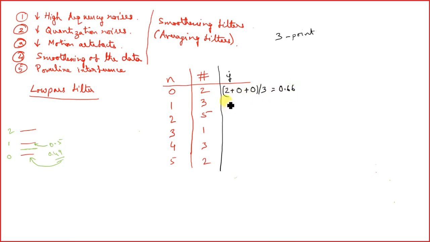Next, it will be 3 plus 2 plus 0 divided by 3, you get 5 by 3, 1.66, right?